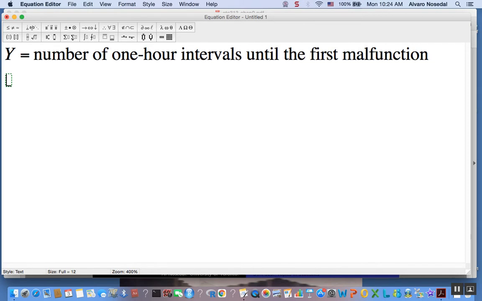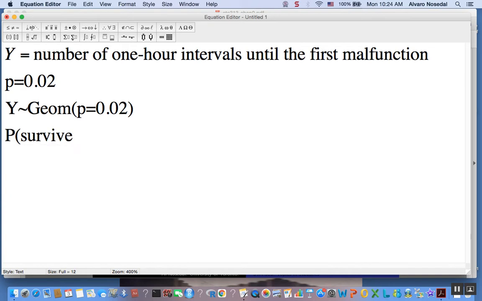If we assume independence between those 1 hour trials, and p, the probability of success, is the probability of a malfunction, p is going to be 0.02, then y has a geometric distribution with that parameter 0.02.